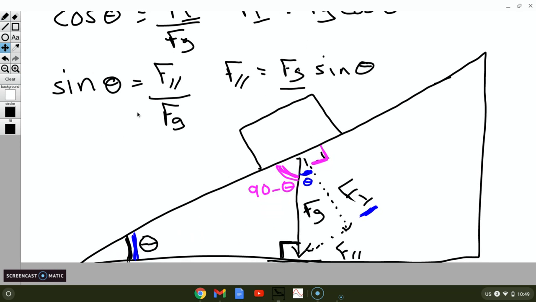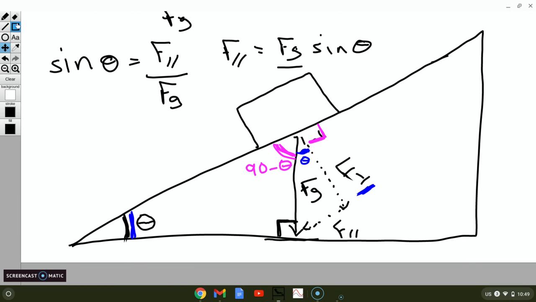Now, why does this matter? Well, this matters because, and I need to erase this because I'm going to need to draw on this a little bit more.